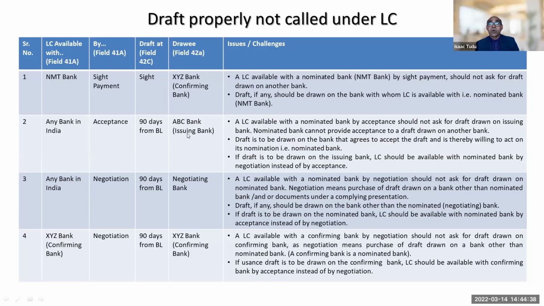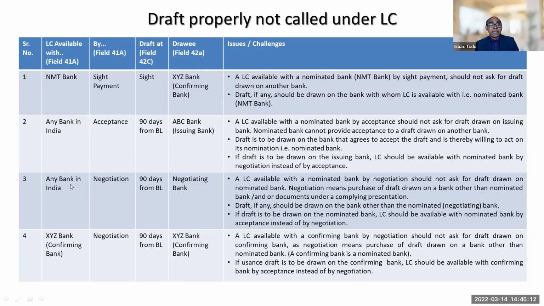The draft is to be drawn on the bank that agrees to accept the draft, in case the LC is available with any bank, and thereby that bank is willing to act on its nomination, that is, the nominated bank. If the draft is to be drawn on the issuing bank, the LC should be made available with the nominated bank by negotiation instead of acceptance. Let us discuss the third scenario.